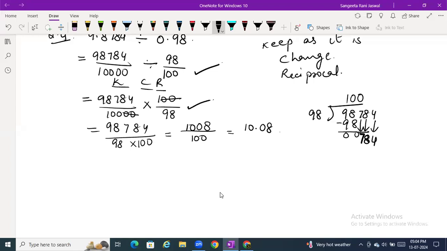Now I can divide it by some nearest number. So I will just check with 8 whether it goes with 8. 8 8s are 64. 8 9s are 72. 72 plus 6 is 78. So 784. So this will go by 8. 98 into 8 is 784.